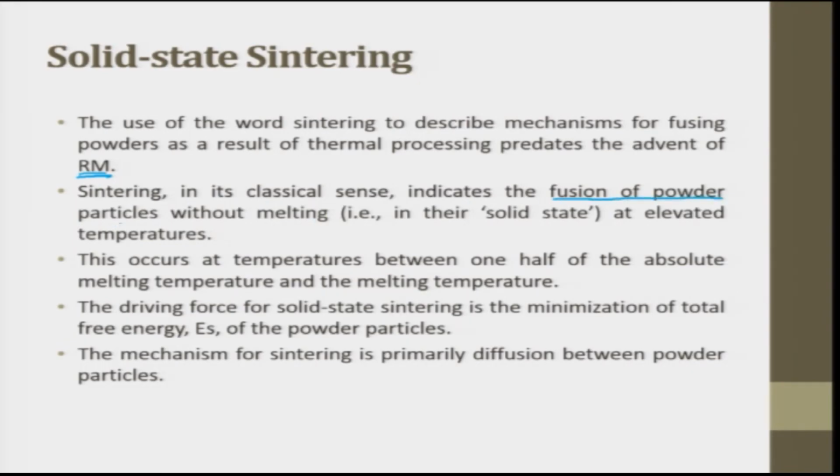Very important, powder particles without melting. So, sintering, the other one is called melting. Today we call it selective laser sintering, selective laser melting. So, when you talk about melting, the fusion of the powder particles, so here fusion without melting.